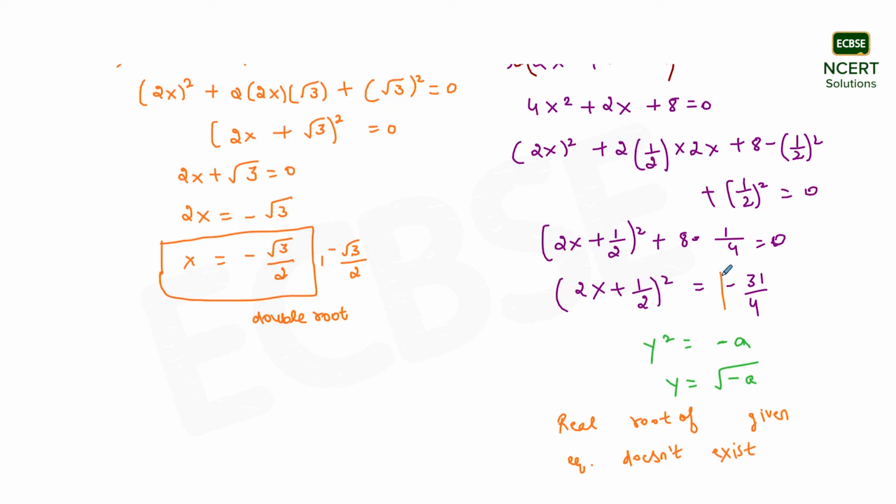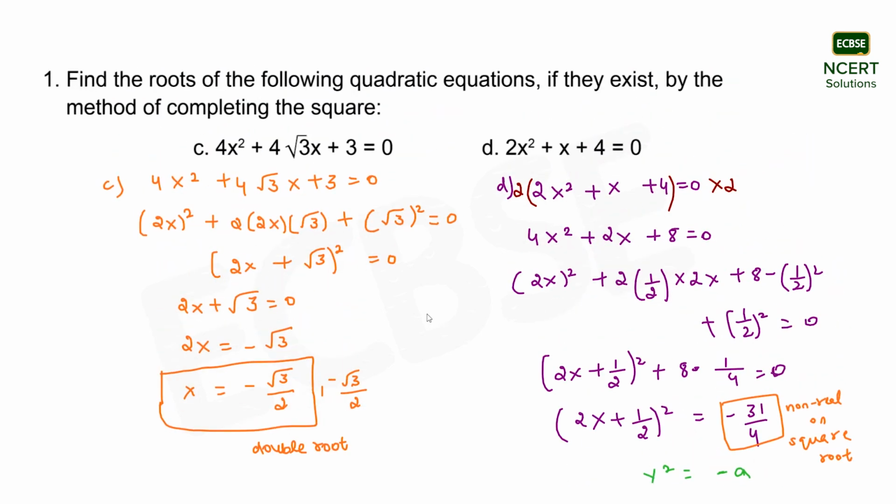Because this is a non-real number on square rooting. That is, if I take a square root of this term, then this turns out to be a non-real term, which is not possible. So this was about question first of exercise 4.3. I hope this question is clear to all of you.